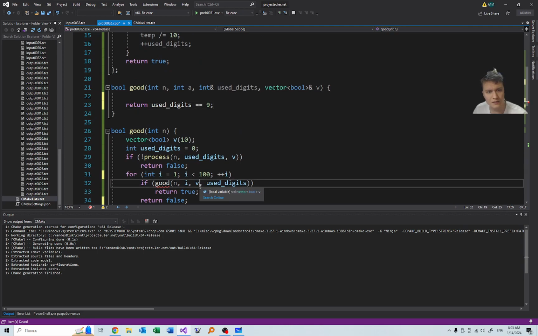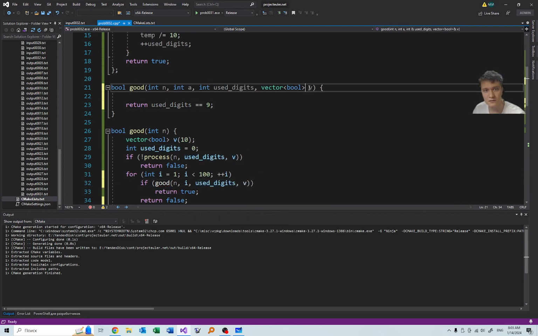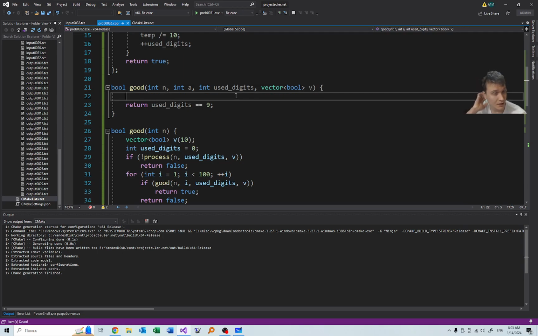Okay, let's now make this new function, bool good of n, a, and these two things. Here I use actually this with copy. So I need to firstly check that n is divisible by a.